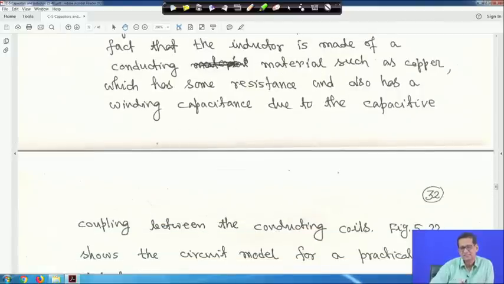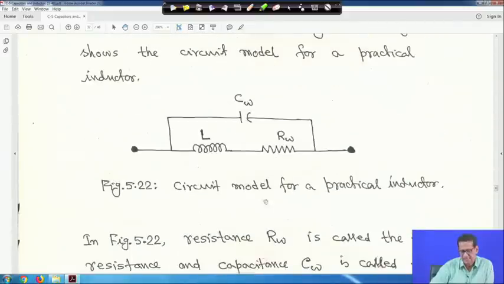That means it has resistance, and some capacitance is also there. This is the exact circuit for a practical inductor, where Rw is the resistance of the inductor coil, and Cw is the coupling capacitance between two windings, because so many windings are there. So, Cw is called the coupling capacitor.